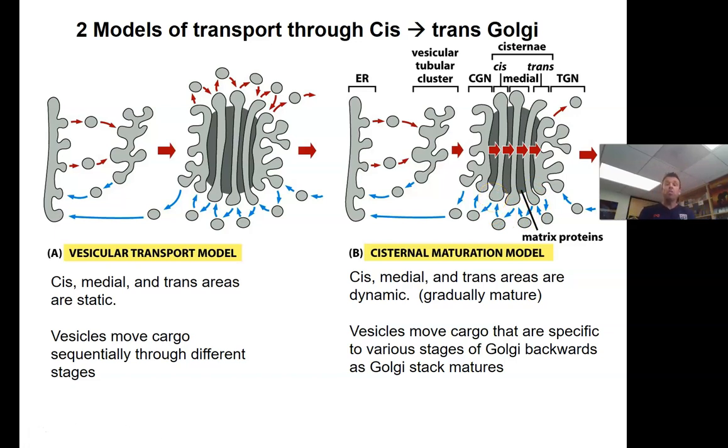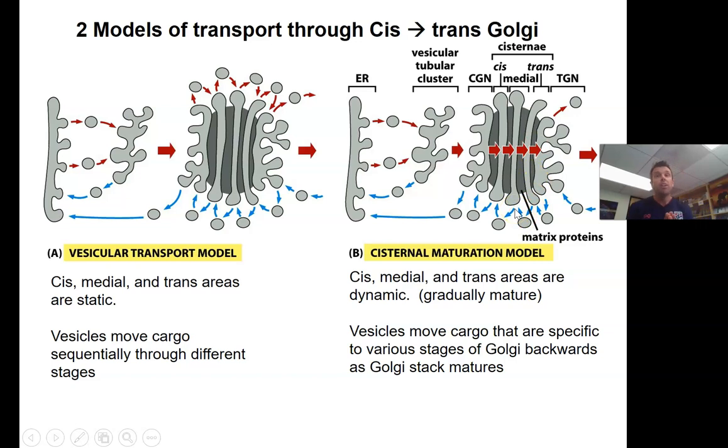Right? And so there are some important advantages and disadvantages of each. So the advantage of this one here is that it is much more energetically favorable. So you're not having to use all the energy to make all the vesicles to move those proteins forward. Instead, the proteins are just maturing. You're just moving the teachers back.